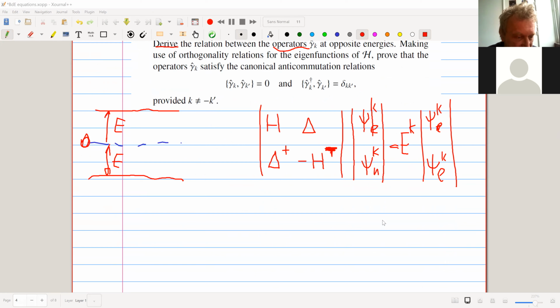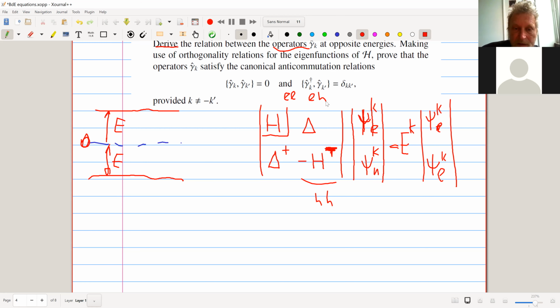Each block here is a matrix in the basis of n. So this vector is also a vector in the basis of n. It has two blocks, electron and hole: the electron block and the hole block. This is the electron block of the matrix. This is the hole block of the electron. This is electron-hole, and so on.